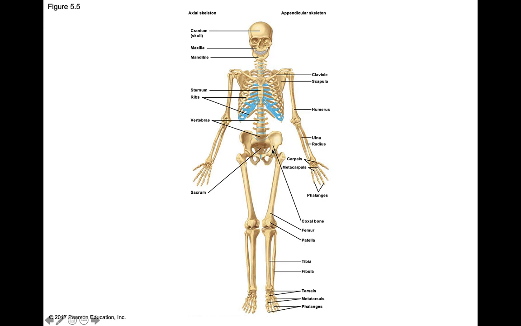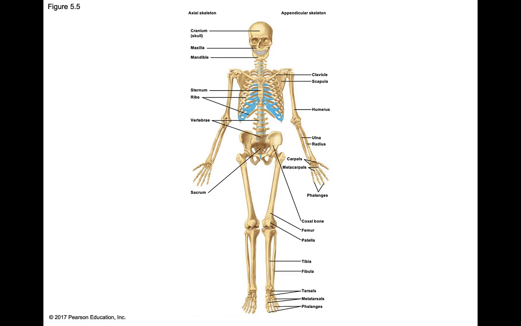Notice the coxal bones are not part of the axial skeleton. The scapula is not part of the axial skeleton. They belong to the appendicular skeleton. And what we have really is a long axis formed by these bones. So one thing you should be able to do is identify what part of the skeleton the common bones belong to.